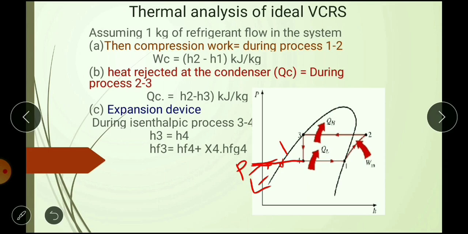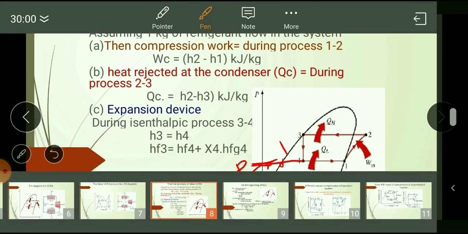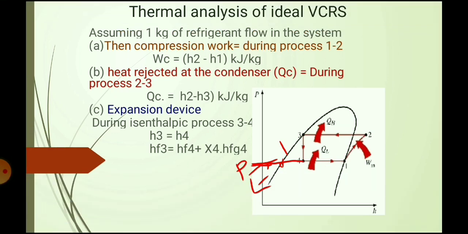With the help of the dryness fraction, we can write the enthalpy at point 4 as equal to the enthalpy of saturated liquid at the pressure of 4, which gives the enthalpy at this point, plus the enthalpy between this point and this point, which is equal to X4 into HFG4.